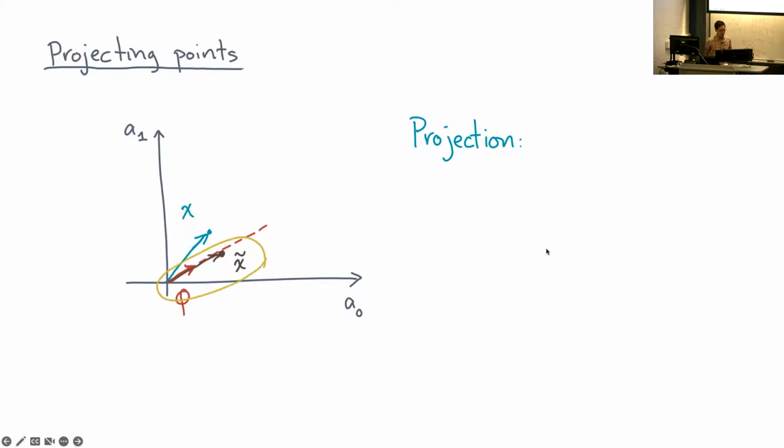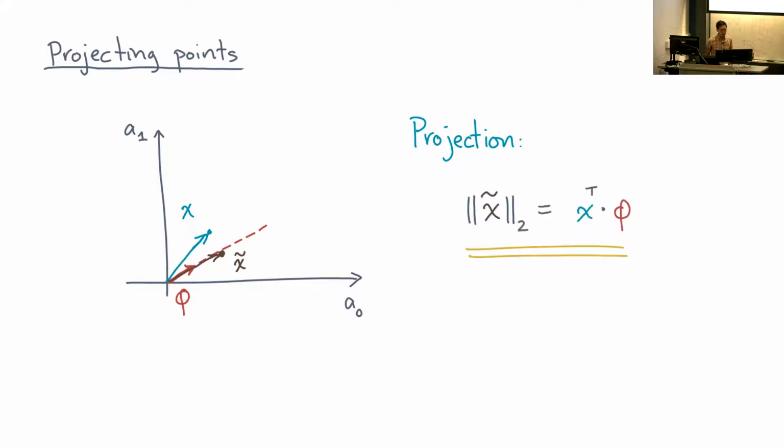If I want to know what is the length of this projection, given the vectors x and phi and their coordinates in the original space, it turns out the length is x transpose phi, under the assumption that phi is a unit vector.